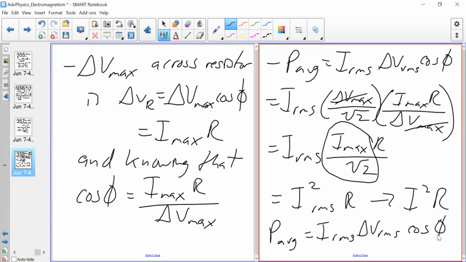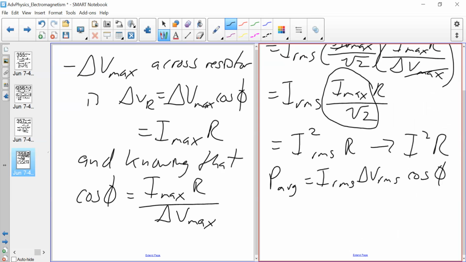And that would be a case in this RLC circuit when it's purely resistive. In that case, the current and the voltage are in phase with each other. And the phase angle, like you said, Edward, is 0, because the voltage and the current will be parallel.